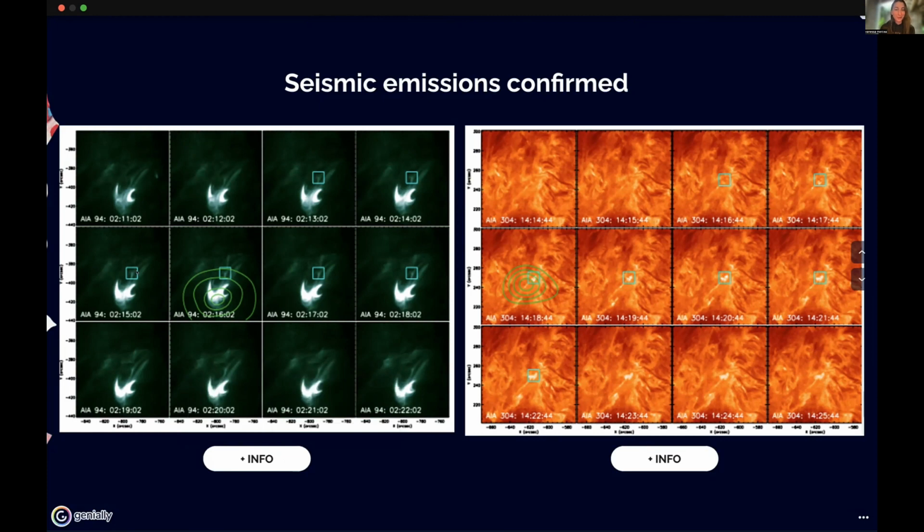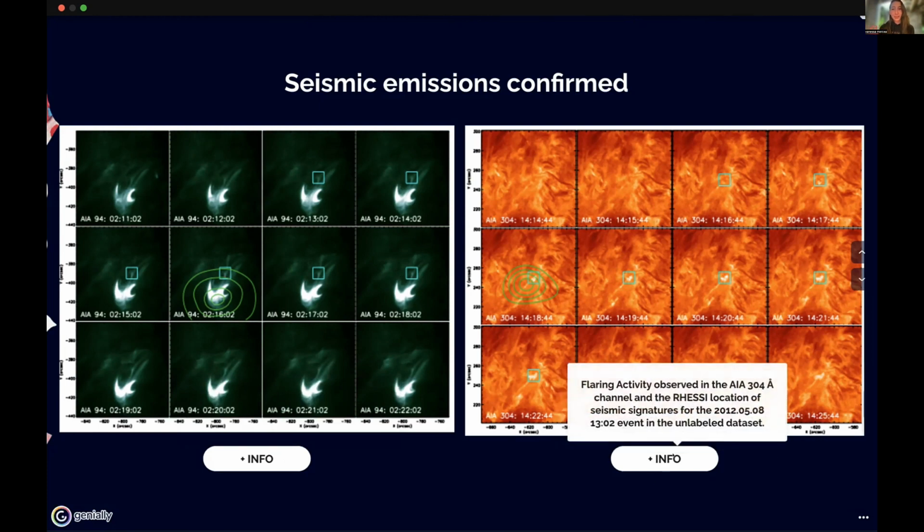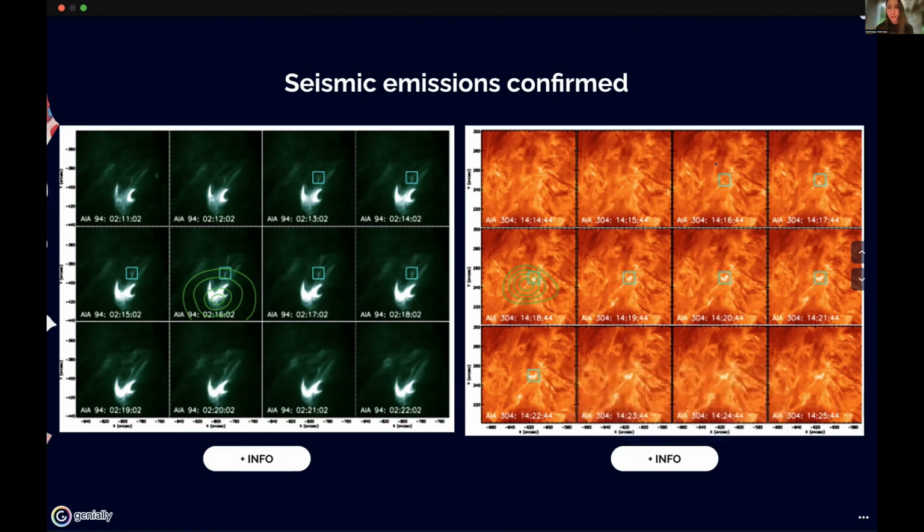I hope I'm correctly saying this. And in the second case, we looked in the IA304 because, for my understanding, for the second scenario, the seismic emissions were a bit stronger and more evident. But it's nice, we see that they overlap with our predictions quite nicely, for at least the 6 frames duration that we see here.